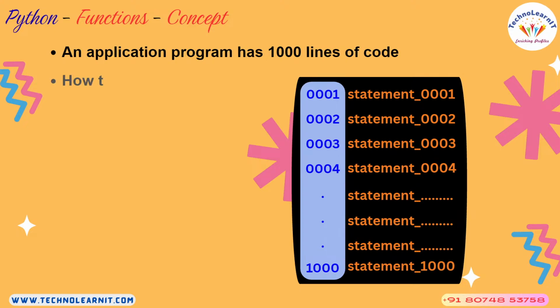If you have all these 1,000 statements written in this sequential order in one place, it would be difficult to read because all the statements are just within a single file, and that file is very big, having 1,000 lines. So our objective is now to make it more convenient for the programmer as well as for maintaining the program.